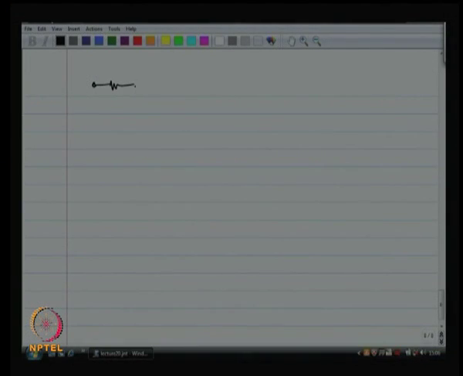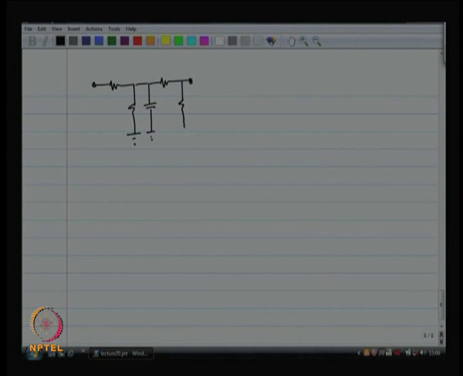So, let us just do a quick example. Let us say this is what I have got: R1, R2, R3, R4, I do not know what this is, but let us say this is what I have got.